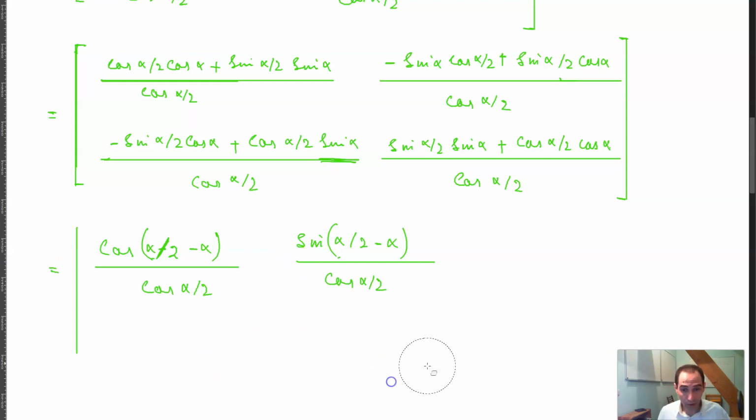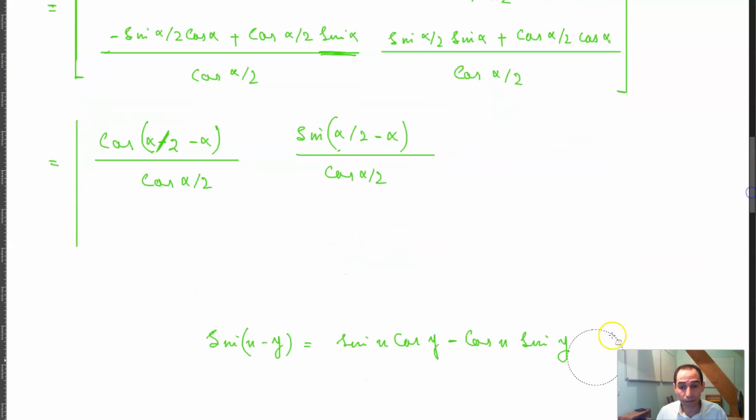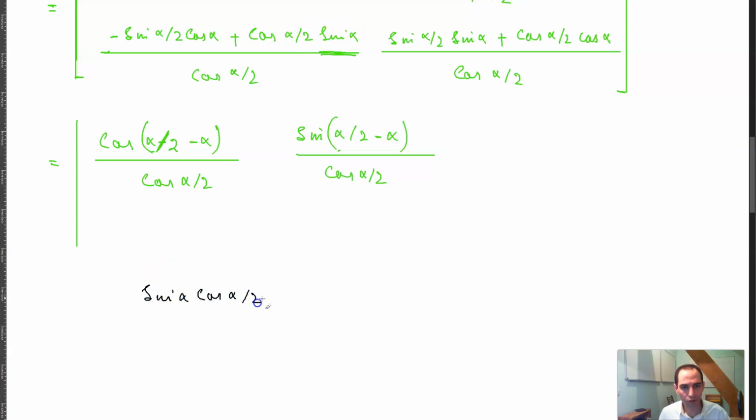Now the next thing that we have here is, again, cos alpha sine alpha. Here I have sine alpha cos alpha by 2 minus cos alpha sine alpha by 2, which is the same thing as sine of alpha minus alpha by 2.